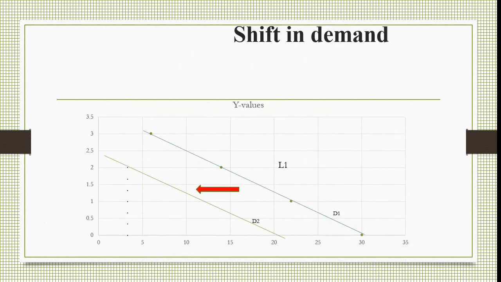But with the change in demand, we look at all other factors. At price 2, you can see the quantity was 14.